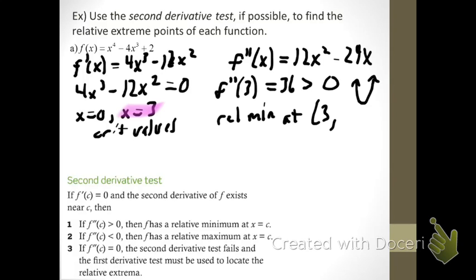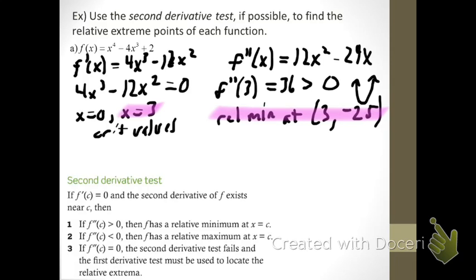All right, now I would rather say the exact coordinates of the relative minimum value, and so I would plug 3 back into the original function in order to determine this. And what you would find is that the relative minimum would occur at (3, -25). All right, so we have one relative minimum when x is equal to 3.